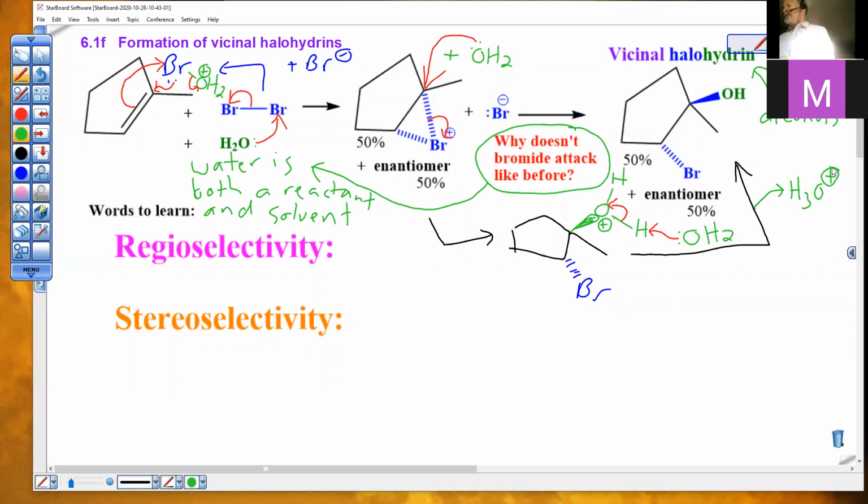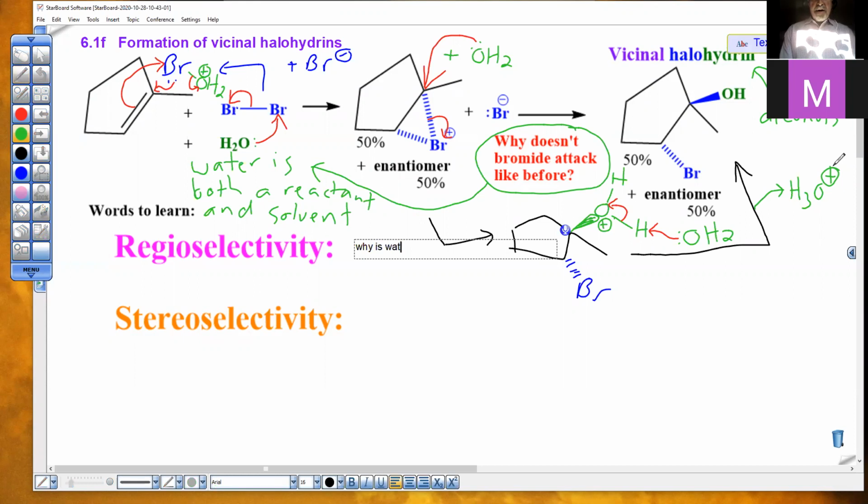Why is water the better choice? Good question. Let's make it a formal question. Why is water a better base than Br minus? That's a good question.